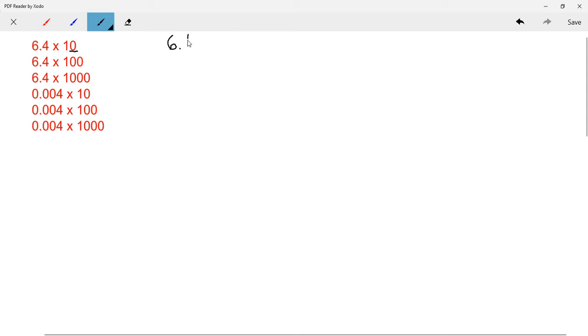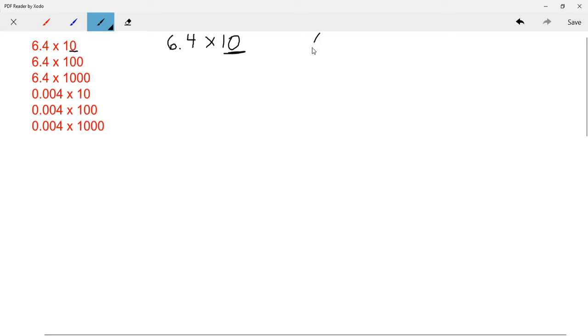Okay, so we have 6 4/10, or 6.4 times 10. So all we're doing is we're seeing how many zeros are in this power of 10, and that's how many times I am moving this decimal to the right.